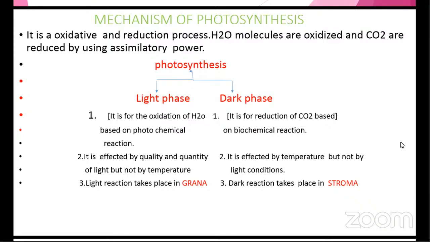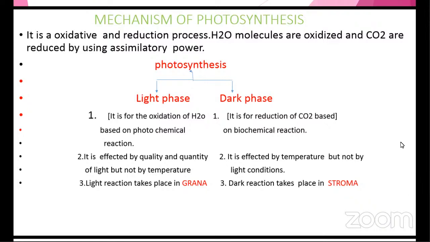Here, the question is, what is assimilatory power? Assimilatory power means energy in the form of ATP and NADPH2, which are synthesized during the light phase of photosynthesis. So the important point is that photosynthesis is an oxidation-reduction process.